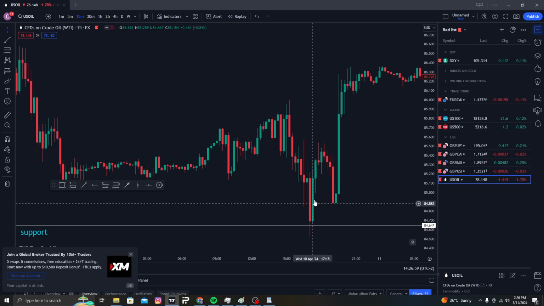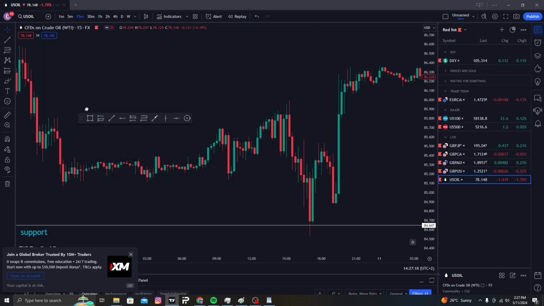Second confirmation, I told you, I look at the second candle. Where will the second candle close? The second candle closed above this red candle. That's another confirmation that price is actually pushing back upwards.